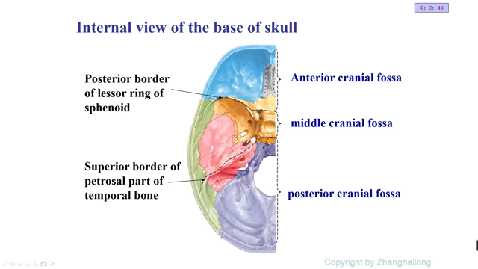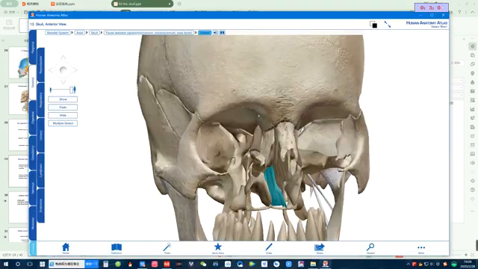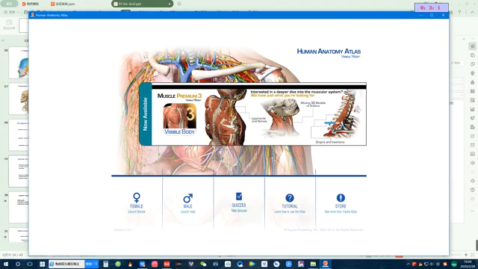Now let's see the internal view, or the base of the skull. First, you should know what the base of the skull is. Now let's see the software. Okay, first go back.